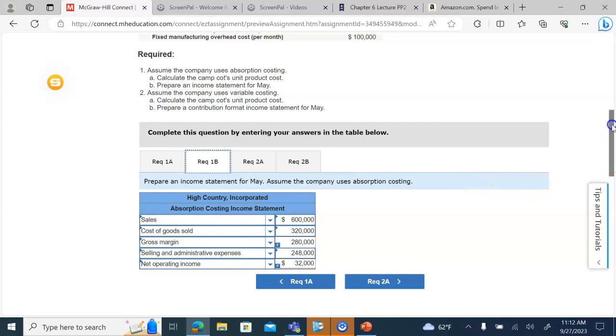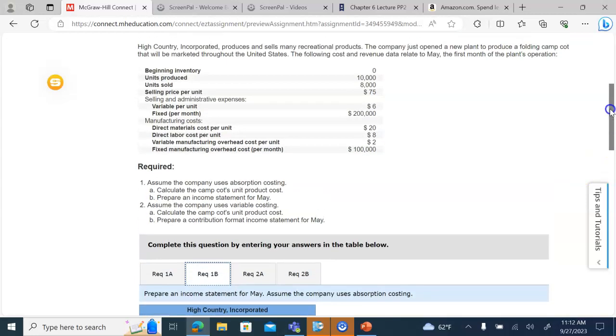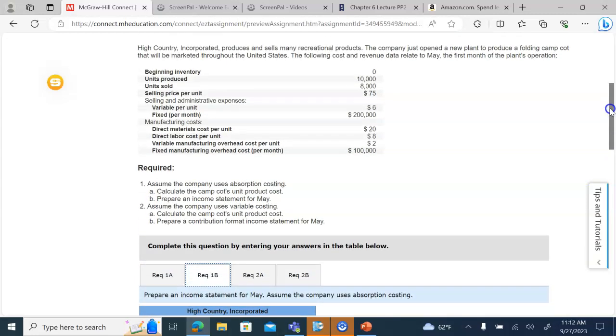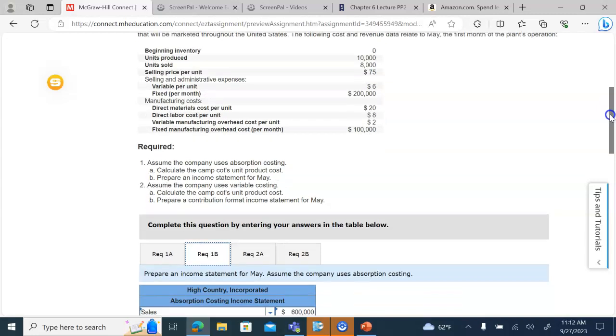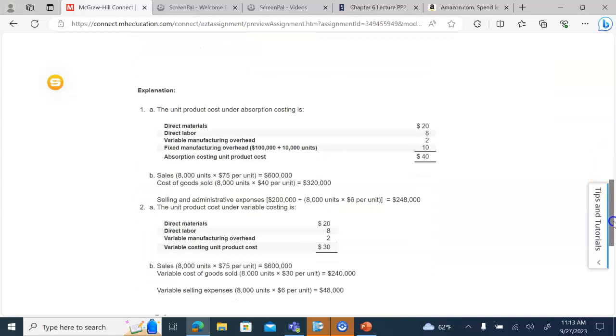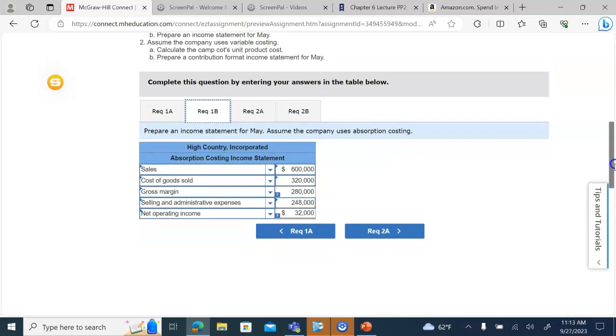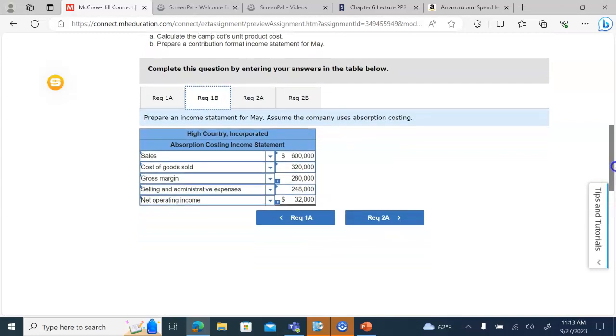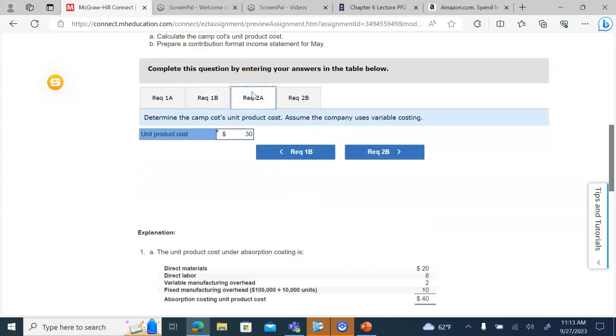It told us it produced more than it sold. It produced 10,000. It sold 8,000. Sold them for $75. Then the cost of goods sold would be that 8,000 times the $40. And then we've got our selling and admin expenses to come up with our net operating income.